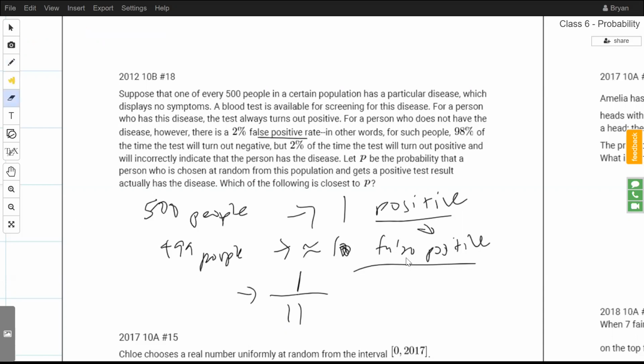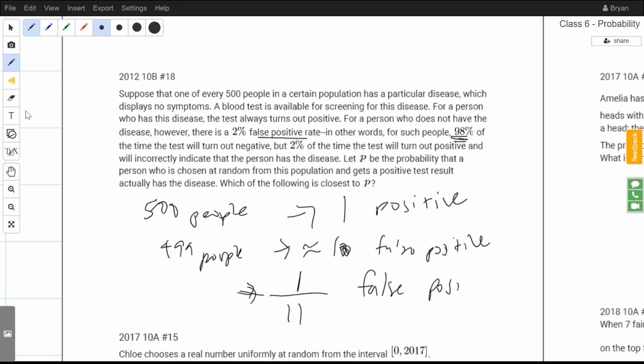And this actually sort of seems counterintuitive because, well, you'd assume that with such a high success rate this would be able to more accurately pinpoint someone with the disease, but in reality, you have to be careful. This is called the false positive paradox.